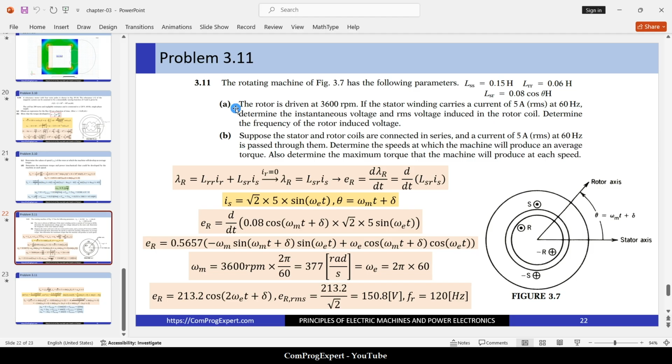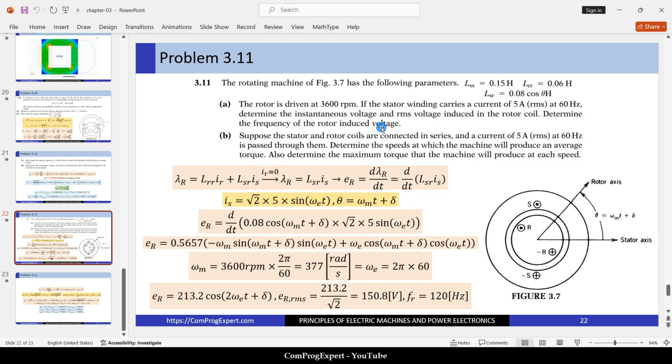Part A, the rotor is driven at this speed, 3600 RPM. If the stator winding carries a current of 5 amps at 60 Hz, determine the instantaneous voltage and RMS voltage induced in the rotor coil. Determine the frequency of the rotor induced voltage.